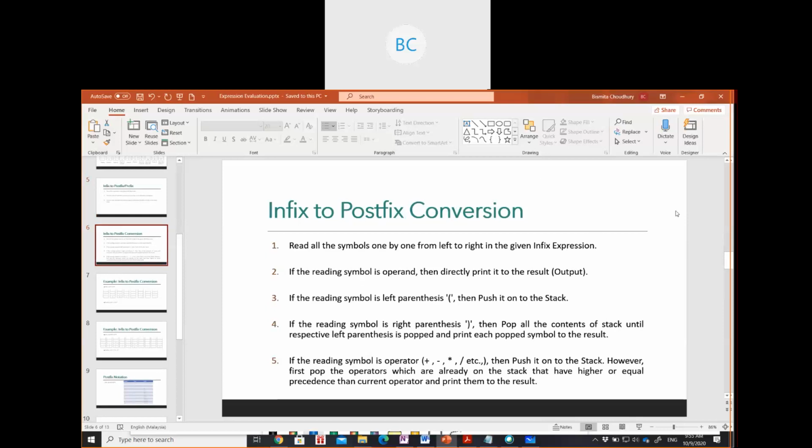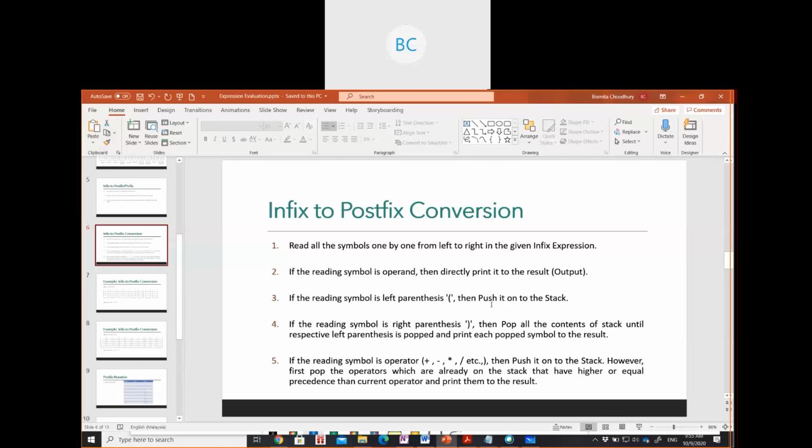We used to push the operands, meaning the numbers, into the stack. Now in infix to postfix, the operators are what we will push onto the stack. Okay. So if the reading symbol is an operand, then directly print it to the result.